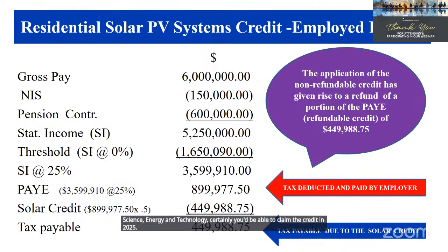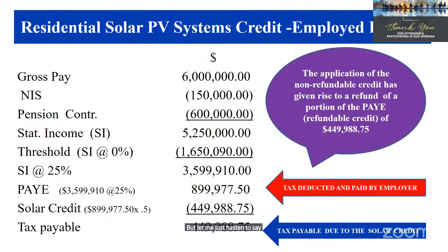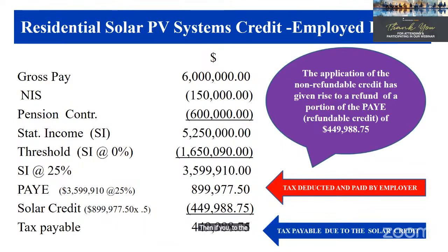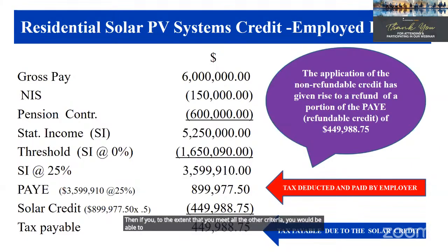But let me just hasten to say, Tax Administration Jamaica, we do not administer, or we do not have any control over what happens at that ministry. And so they would be the ones to give you guidance as to the application for the license. Once they give you the license, then to the extent that you meet all the other criteria, you would be able to apply for the credit in 2025.